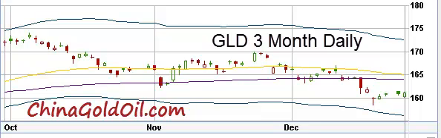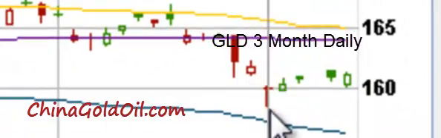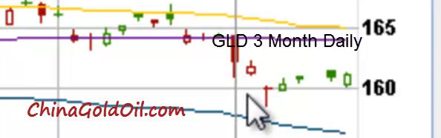All right, here is the GLD, the most popular ETF for gold trading, and you can see here an example of a not so powerful Dragonfly Doji. We started the price action on this day, December 20th, at 160, we dropped down below that. The traders said no, it should be higher, and so the price action went back up to 160 more or less.